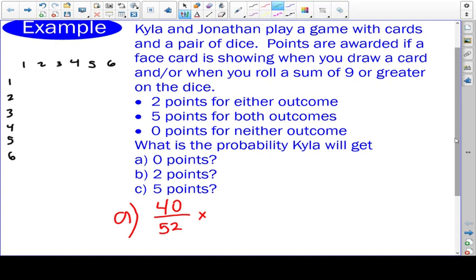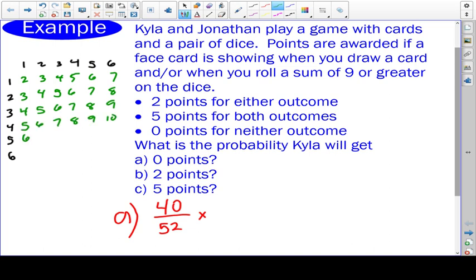The sums of these two would be 2, 3, 4, 5, 6, 7, then 3, 4, 5, 6, 7, 8, then 4, 5, 6, 7, 8, 9, then 5, 6, 7, 8, 9, 10, then 6, 7, 8, 9, 10, 11, then 7, 8, 9, 10, 11, 12.